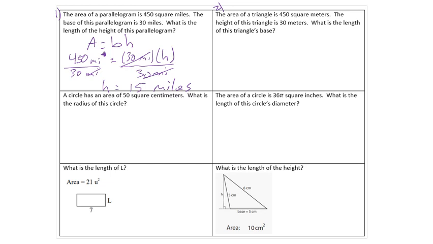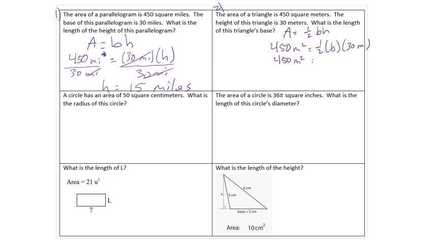Problem number 2. The area of a triangle, which is 1/2 times base times height, is 450 square meters. So I got 1/2 times a base of, don't know, but I know the height is 30 meters. So I got 450 meters squared.